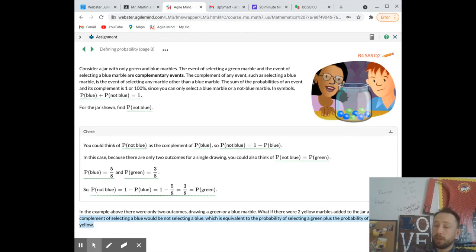You could draw a green or a blue marble. Well, what if you added two yellow marbles? What's it say about the complement? So, in other words, the complement of selecting a blue would be what? What are the only other two possible outcomes that you could get?